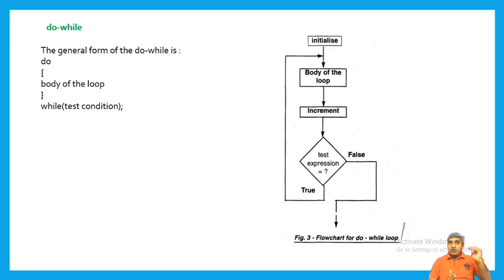First do, that is the body of the loop is executed, then test the condition. If it is true, execution goes up and again the body of the loop is executed. This continues as long as the condition is true. When the condition is false, the execution of the program goes outside the loop.